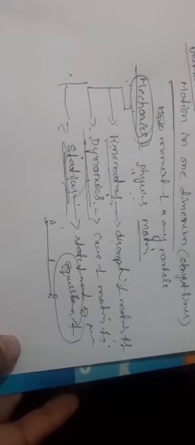State of rest means the particle is at rest. Equilibrium means a constant position, with no change between the initial and final position. These are the three different kinds of mechanics.